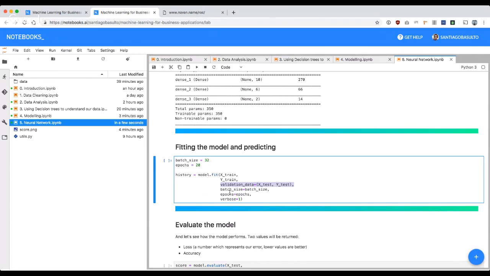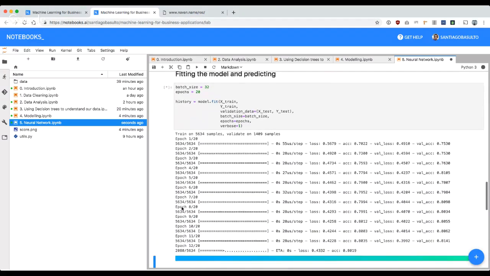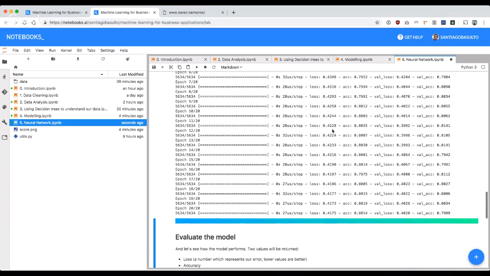I'm also passing validation data, the data that I know is correct, but the model will not use for training. It will only use it for validation. So the training is happening right there, as you can see, just training live. We can see loss decreasing. We can see the accuracy improving, but we're still pretty low at 0.801.